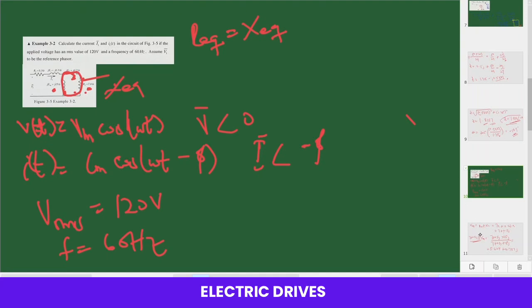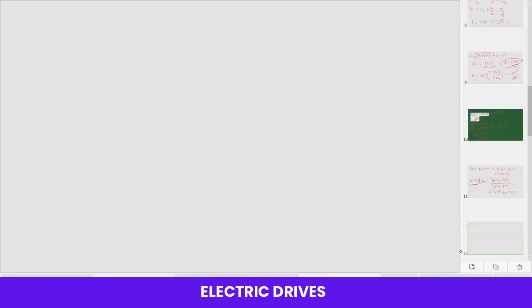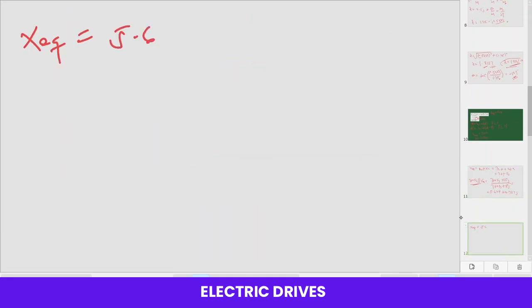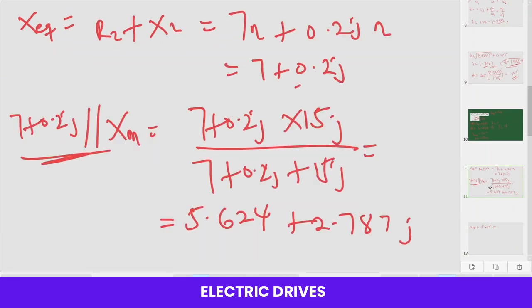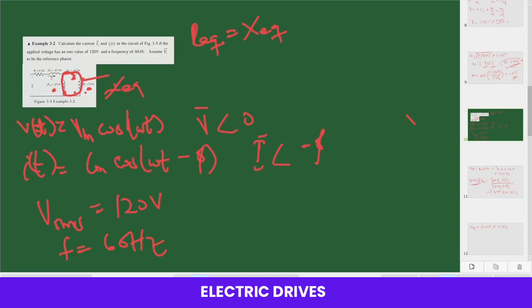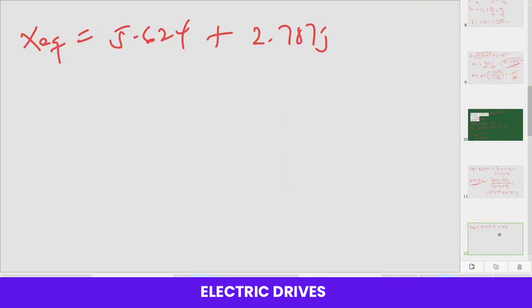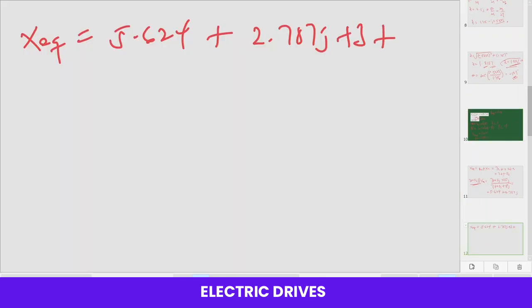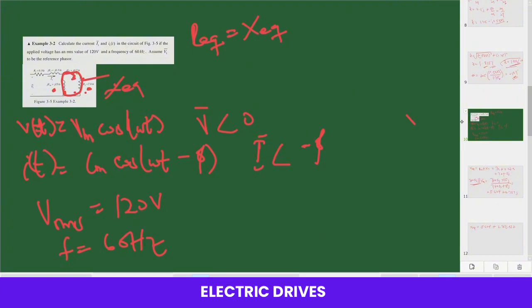So let's do that. In doing that, we get what? Our total, the value we had here, 5.624 plus 2.787j. Then we add our 3 ohms resistor, so plus 3 plus 0.5j.